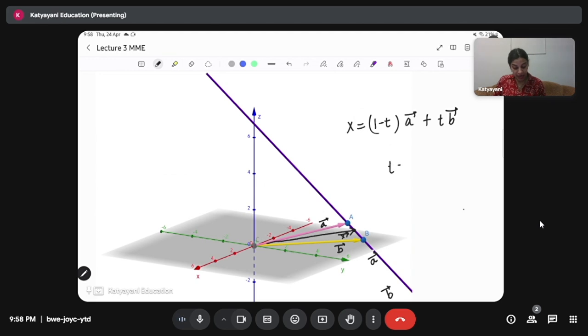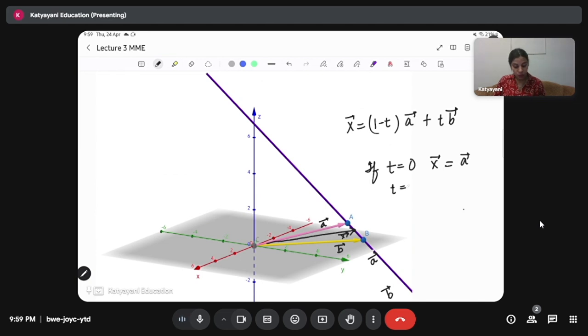If t is 0, then x would be nothing but vector A.